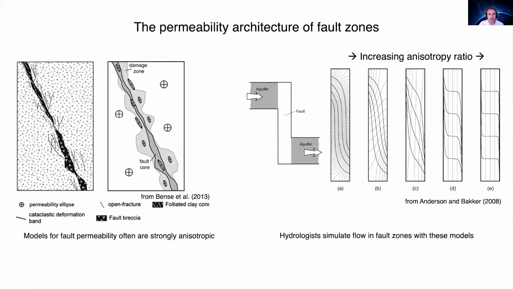This is important not just for earthquake science, but also for hydrologists who do simulations of flow within fault zones. For example, if you have aquifers that are offset at different depths, a fault zone like this with strongly anisotropic material can enable the connection of aquifers at different depths. So it is important to a number of different disciplines within earth science to understand the permeability architecture of these systems.